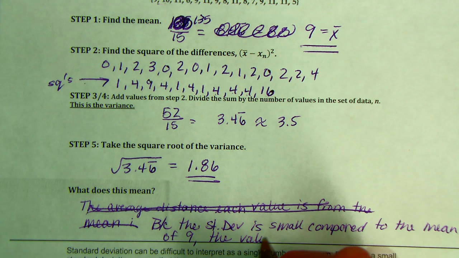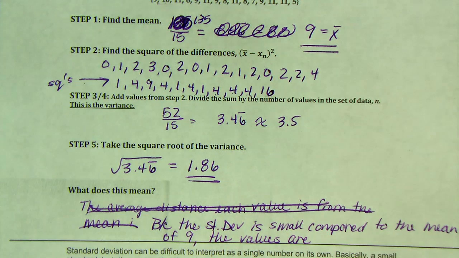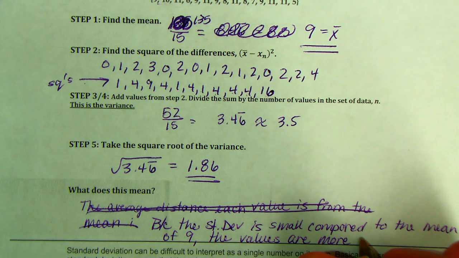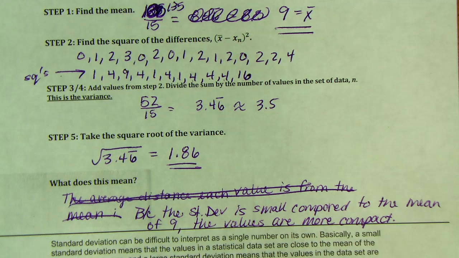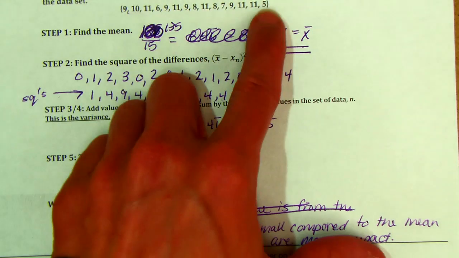The values are more compact, they're closer together. They're all grouped tightly. And it's true. Other than the 6 and the 5, it only goes from 7 to 11. They're all very tight together.